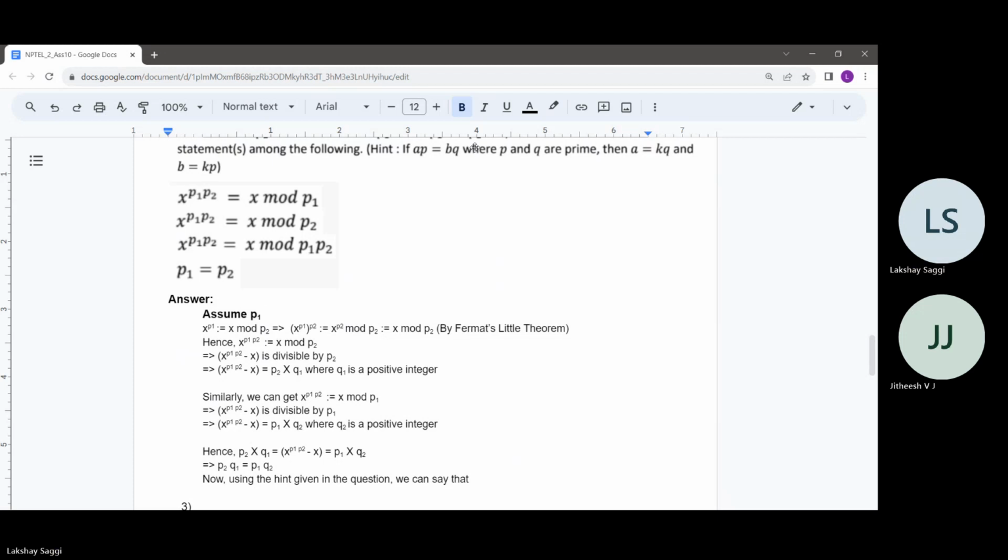P times P minus 1 will be equal to... Let me just think for a minute, guys.